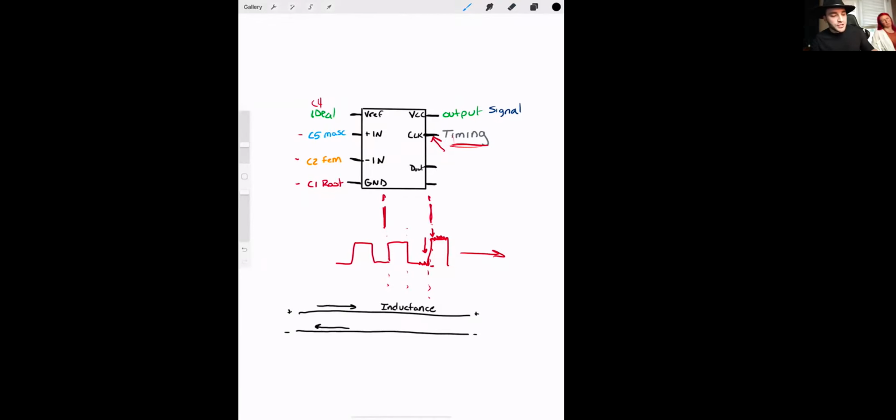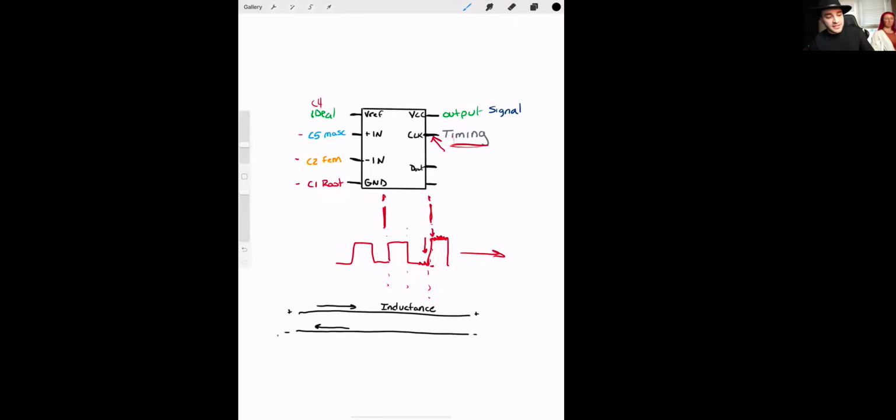So this will shift from plus to minus, this will shift from minus to plus, and they flicker back and forth to shift the polarity of the signal as it comes through. Well, I take that back. They don't switch back and forth, not in this case. So the inductance is the resistance to the change in the state of this conductor.